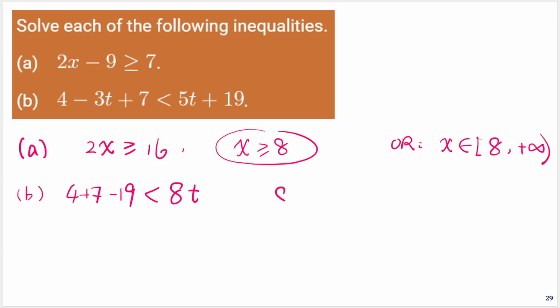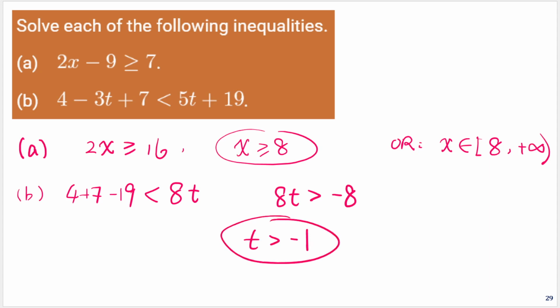So that means 8t is greater than negative 8, right? And then we have t must be greater than negative 1. So this is our final solution. Or you could also say t belongs to the interval from negative 1 to positive infinity, exclusive, or open interval.